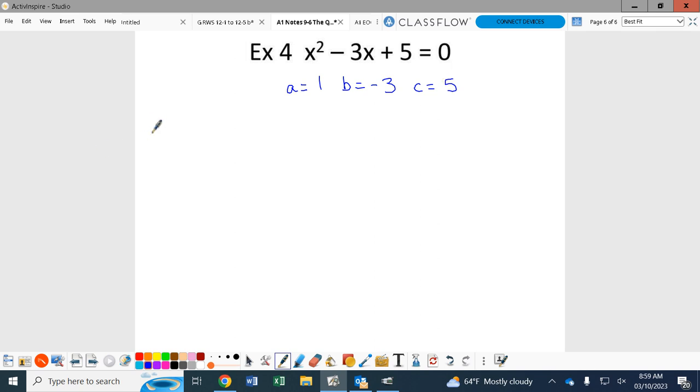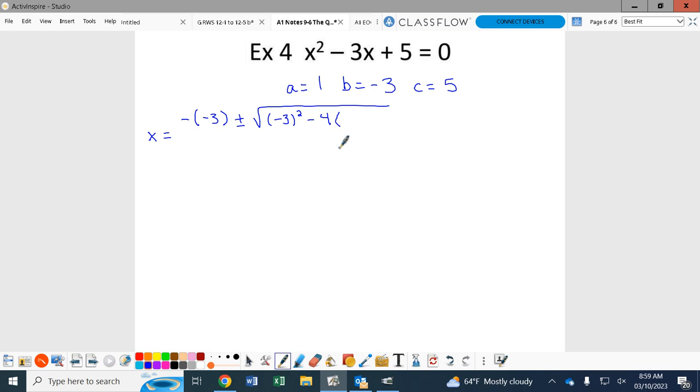When we plug it into our formula, it's going to be x equals the opposite of B, which in this case is a -3, plus or minus the square root of B squared, which is going to be -3 squared, minus 4. It's always minus 4, guys. It's never anything else.